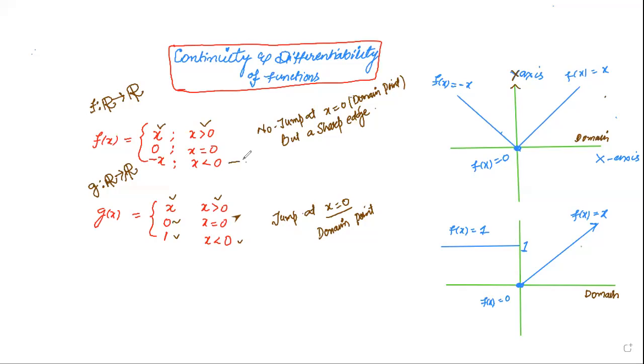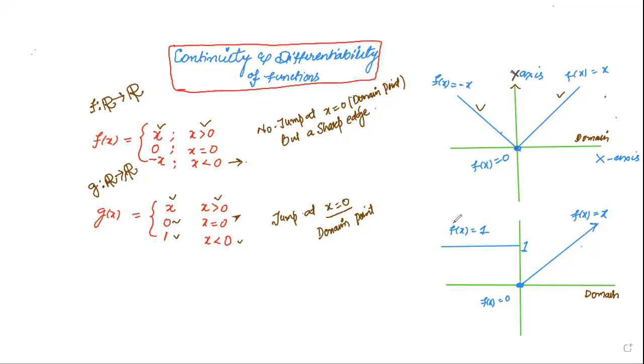See here, in f of x, it is minus x when x is less than 0, and in g of x it's 1 when x is less than 0. So the graphs are entirely different. You see f of x has three branches, one for x greater than 0, another point, and the third is f of x equal to minus x.